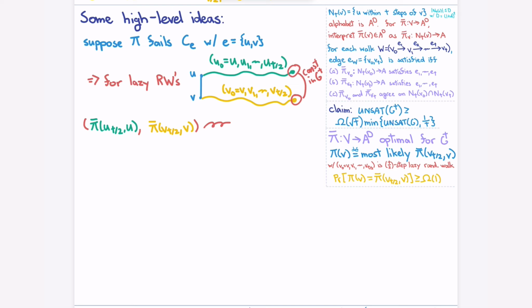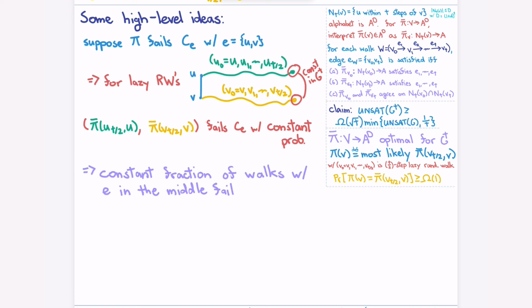So that's the idea. This fails with constant probability. One way to think of it is, if you're failing this constraint C_e, then a constant fraction of those edges in the powered problem that have e in the middle are failing.